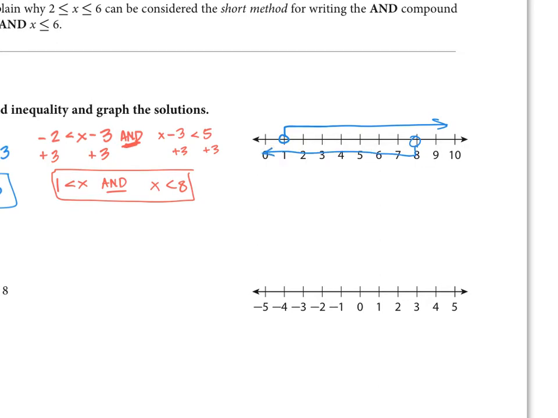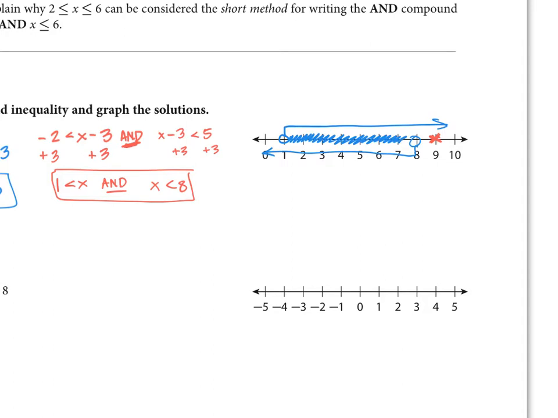So using the word "and" means I want numbers that do both. It's greater than 1 and less than 8. Think about this: is 9 bigger than 1 and less than 8? It's not. 9 is only bigger than 1, but it's not also less than 8. Remember, we want it to be both. So if you think about this very carefully, it's going to be everything in between 1 and 8.